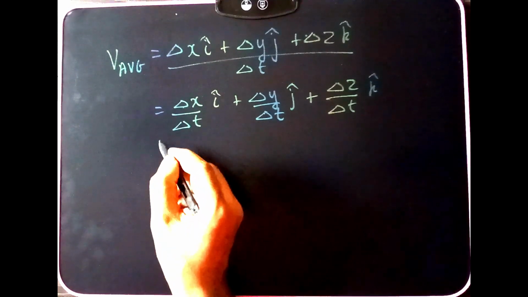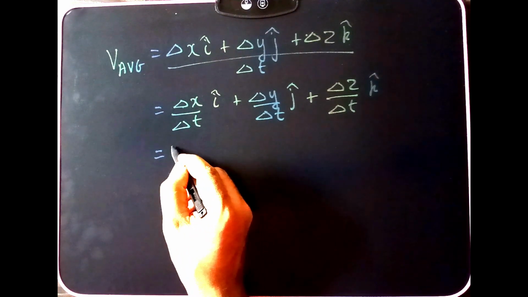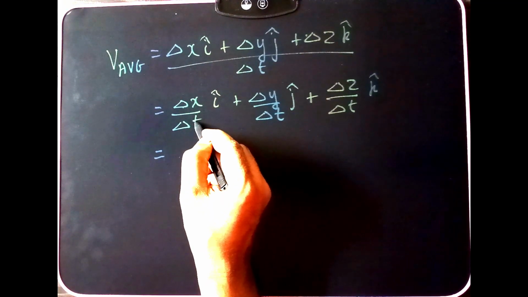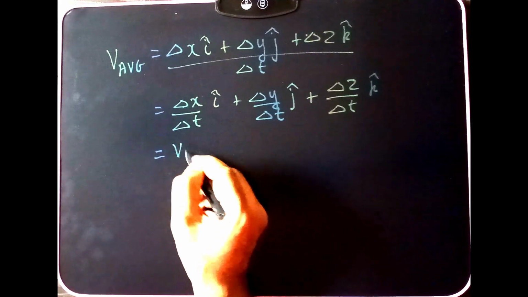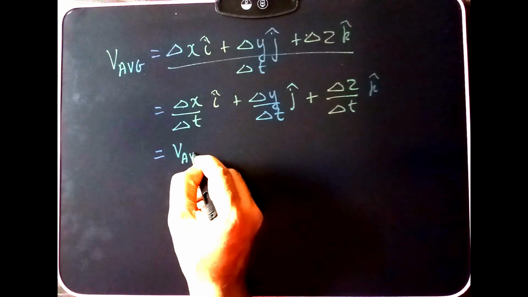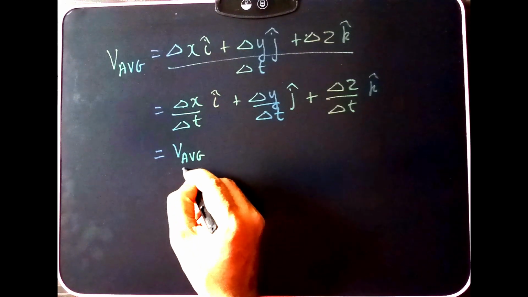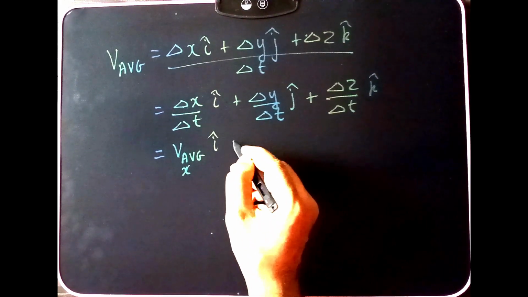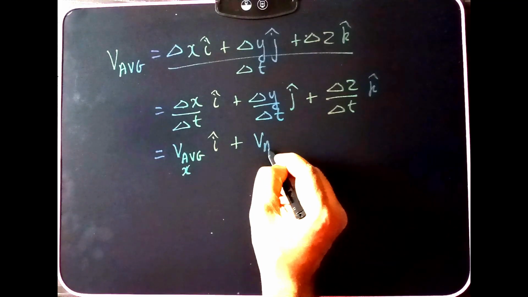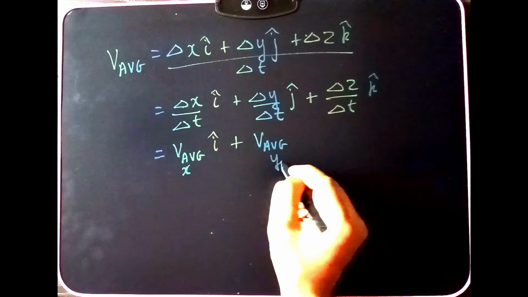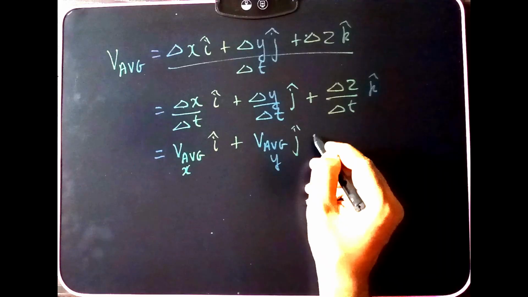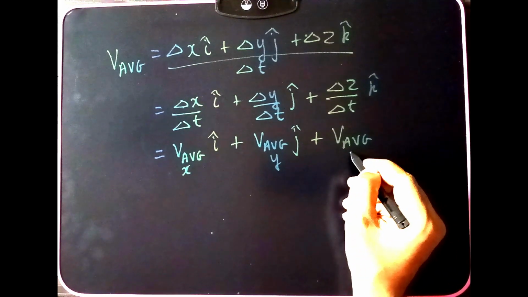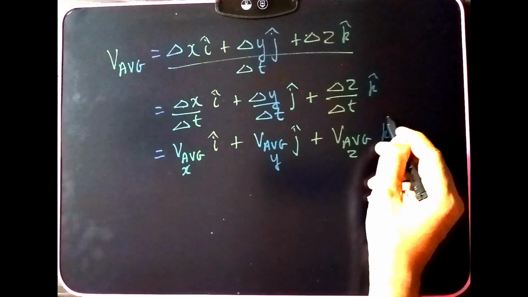So now we can write this as: the change in the x-axis divided by time gives the average velocity in the x-axis, i cap, plus the average velocity in the y-axis, j cap, plus the average velocity in the z-axis, k cap.